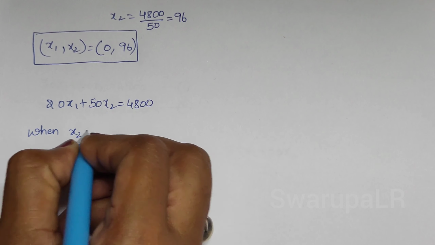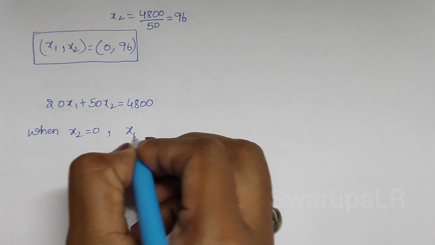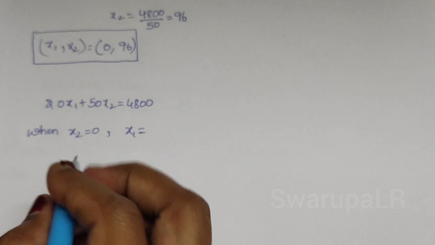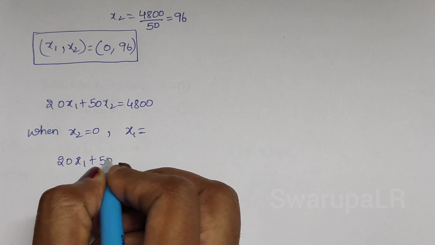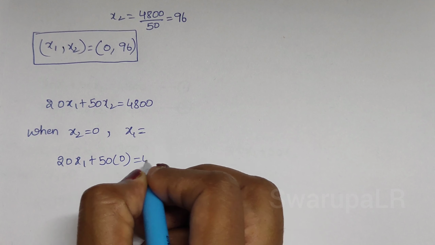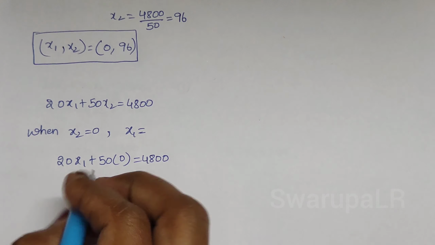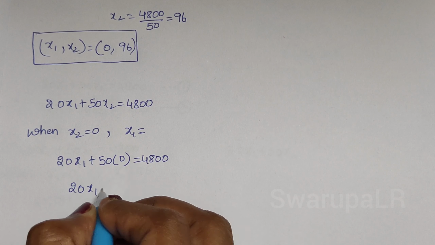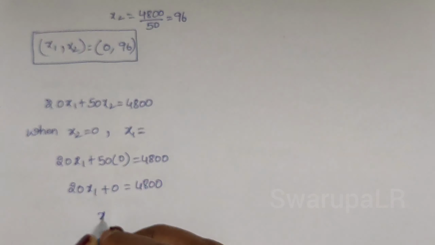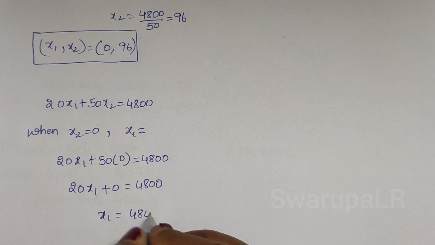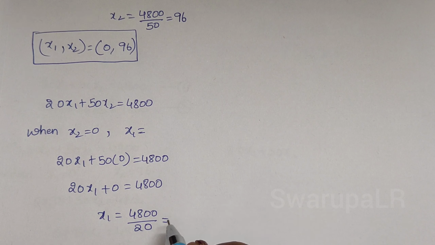When x2 is equal to 0, x1 is equal to, we have to find out that value. 20x1 plus 50 into 0 is equal to 4800. 20x1 plus 0 is equal to 4800. x1 is equal to 4800 divided by 20, that is equal to 240.